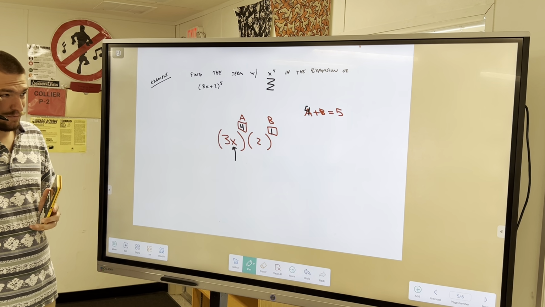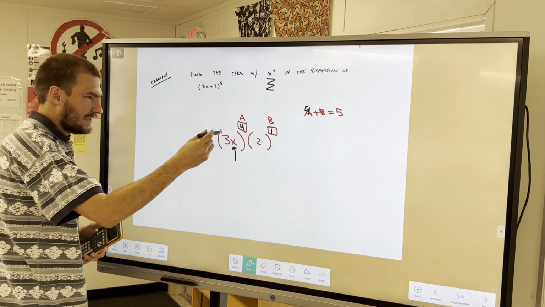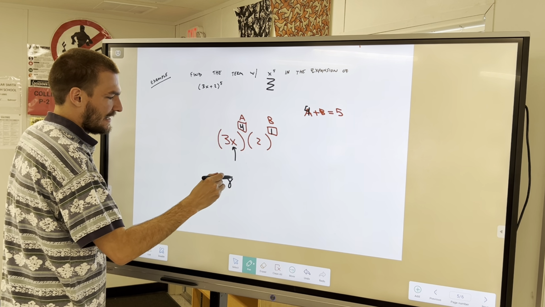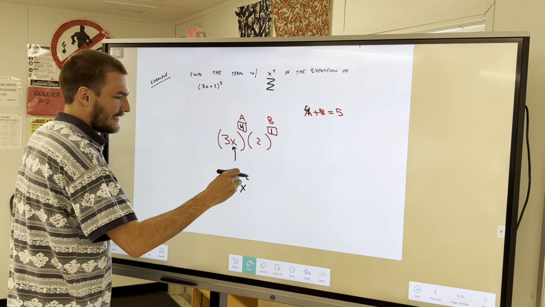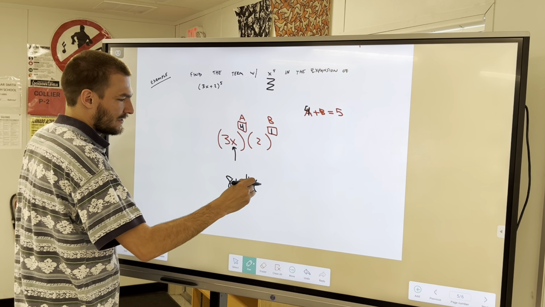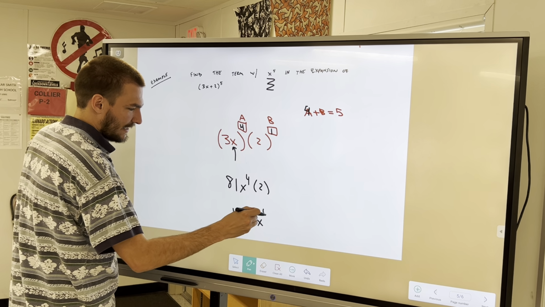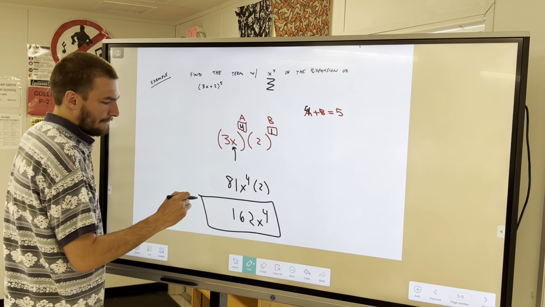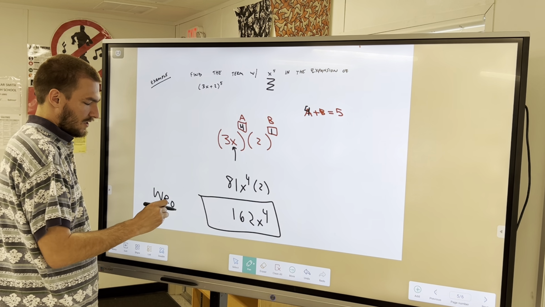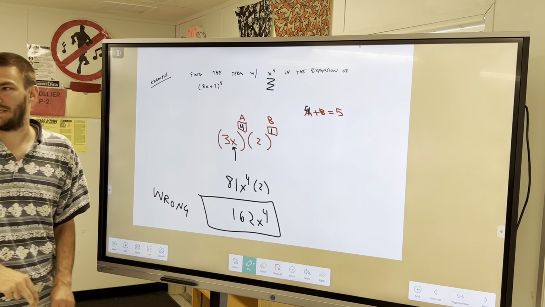So we got 4 of those and 1 of those, and that's going to help us zone in on the one term that we need. 3 to the power 4 is 81, x to the power 4 is x to the power 4, and 2 to the power 1 is just 2, and we can multiply this and get 162x power 4. But this is wrong for the time being.